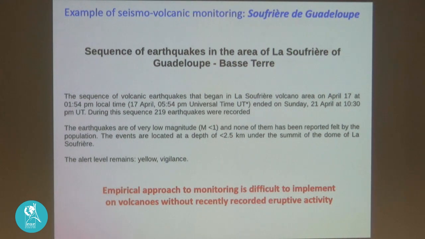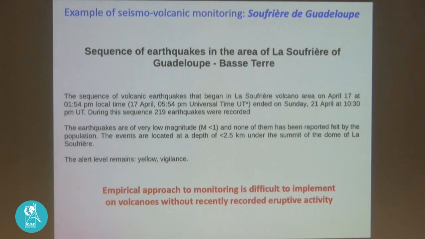Soufrière de Guadeloupe, again a volcano monitored by IPGP. This is one of the most recent reports that I found in our IPGP email. If you read it, it is very descriptive. Essentially, there is a report that there was a sequence of 200 earthquakes, and this is all. So no interpretation of what happens within the volcano.